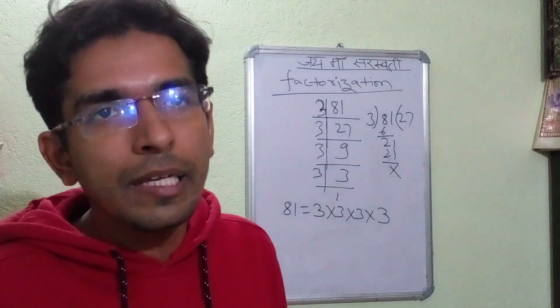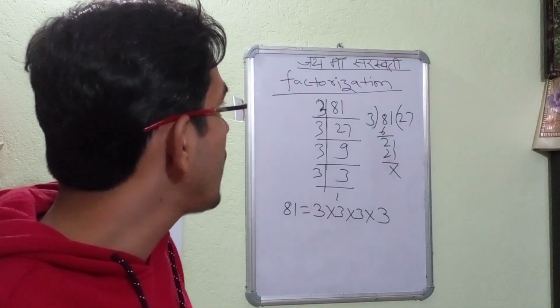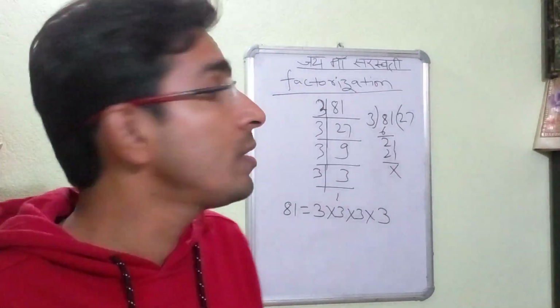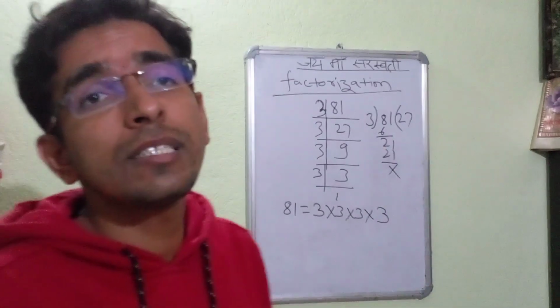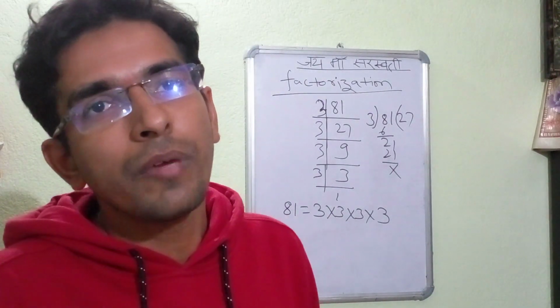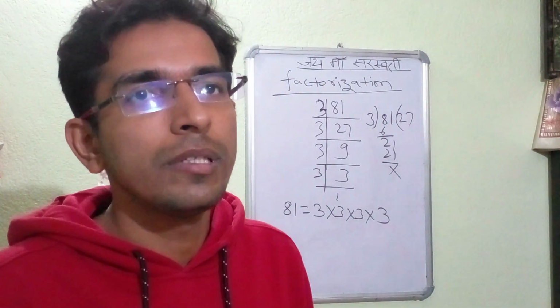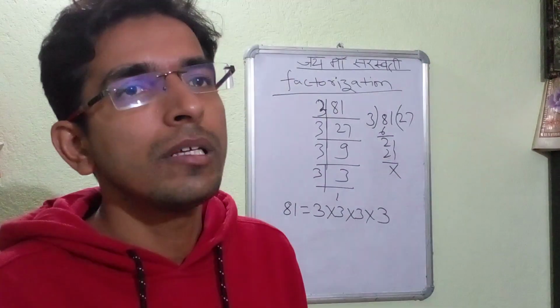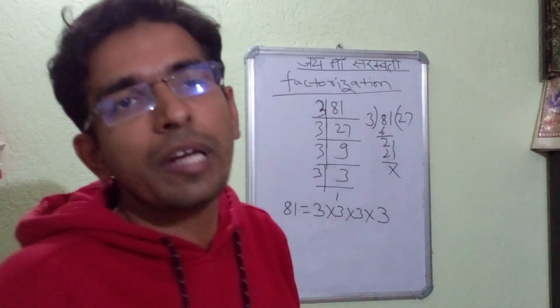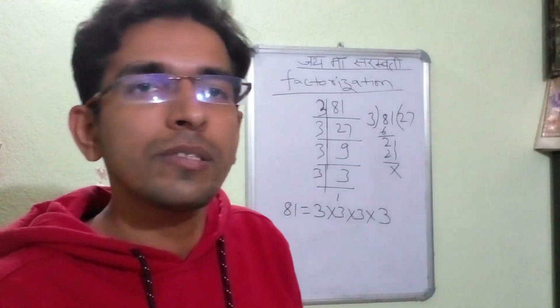So we can say clearly, it is evident here that the number 3 is a factor of 81. It means the number which divides a particular number, and post dividing, if we get remainder 0, then the divisor, 3, is a factor of 81.